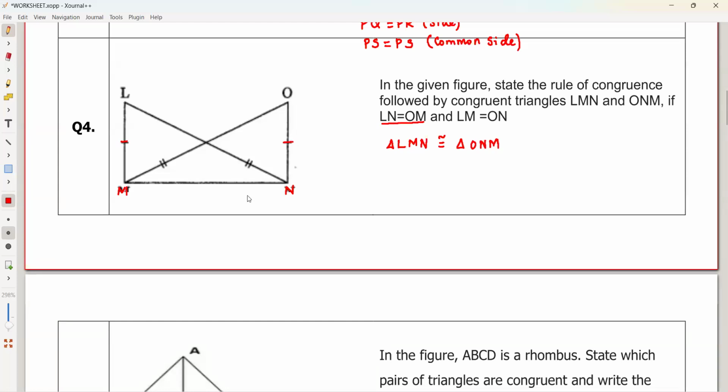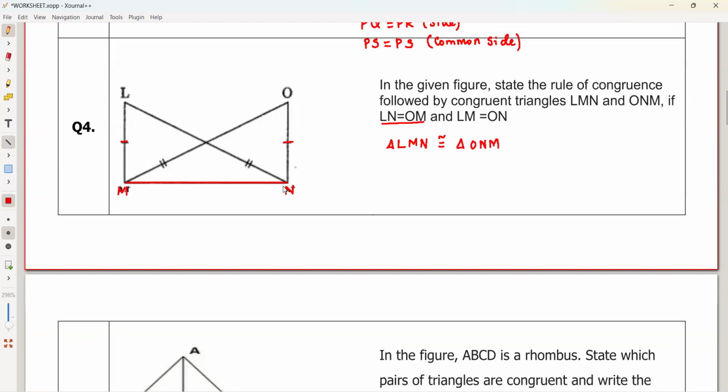So we have to find out one more criteria. Which side is common? One side is common for both, right? Which side? Sir, MN. So MN is the common side for both.